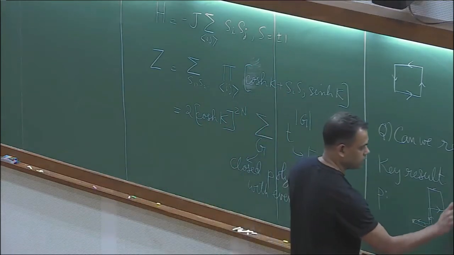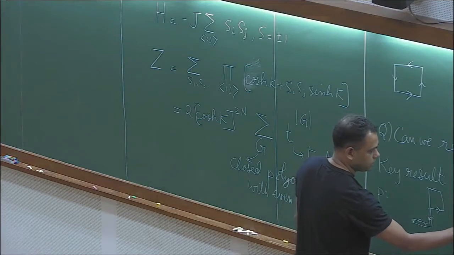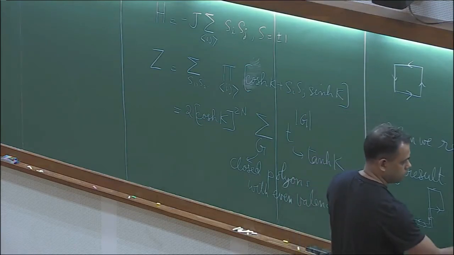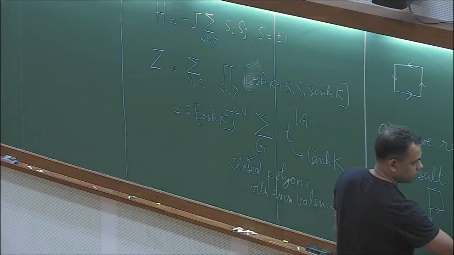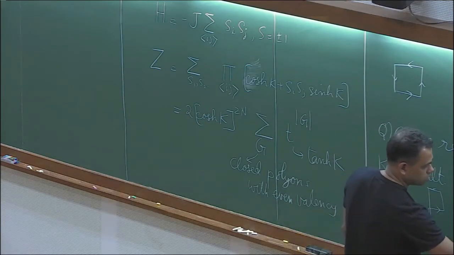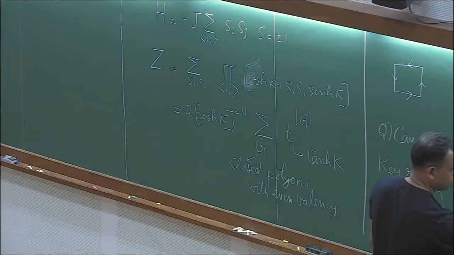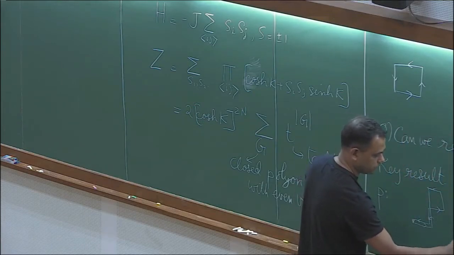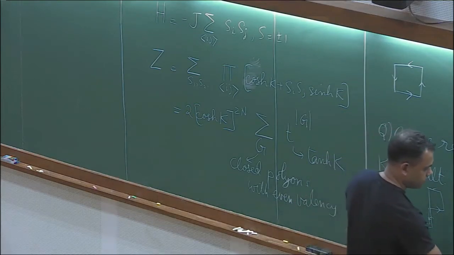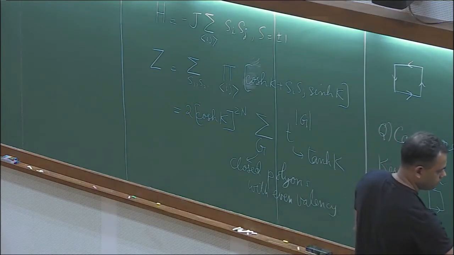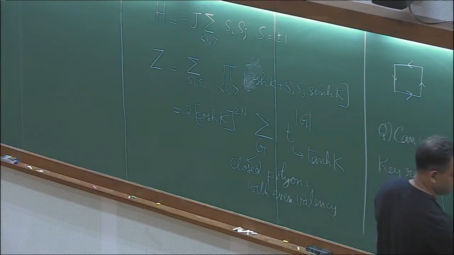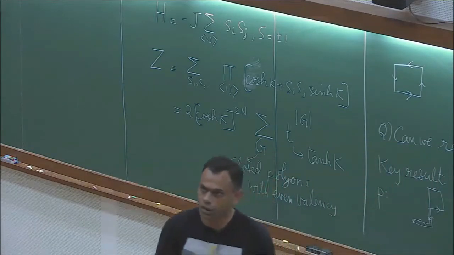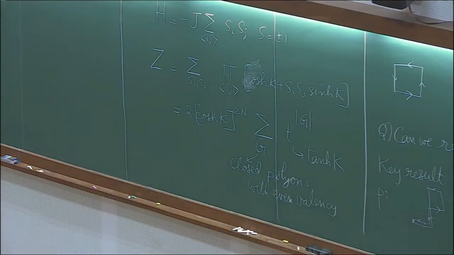So P is a closed path with no immediate return. As I told yesterday, if you put a constraint of no immediate return, it's a one-step memory problem. It's still a random walk problem, and you'll still be able to solve it.